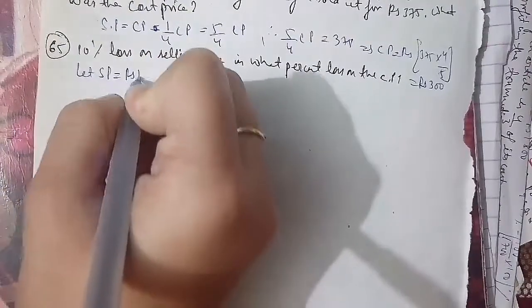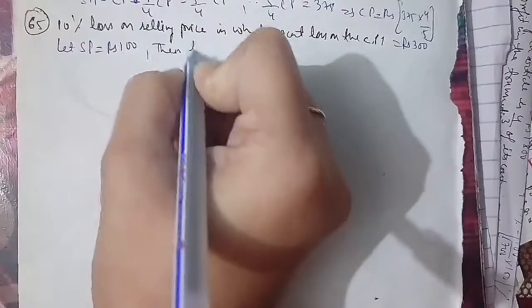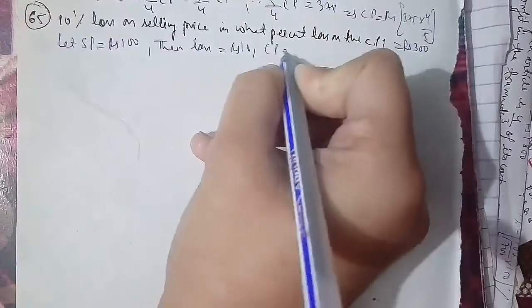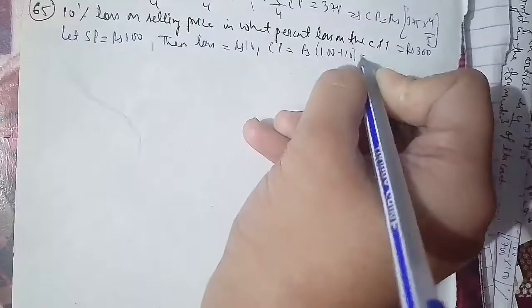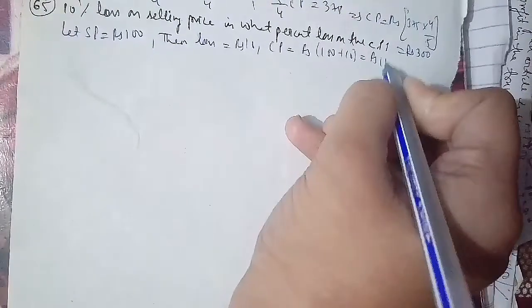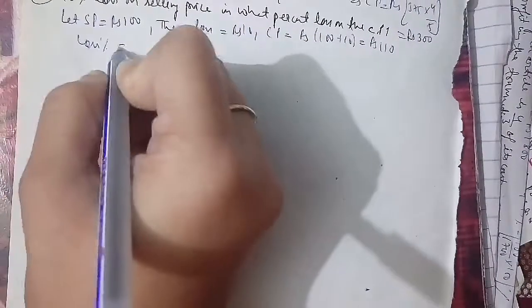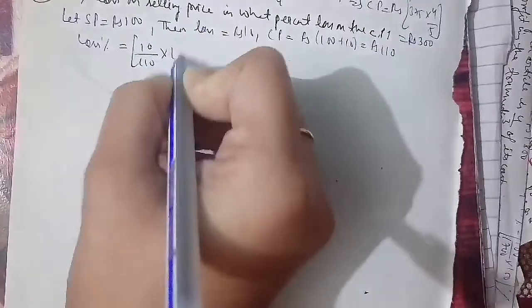Then loss is equal to rupees 10. CP equals rupees 100 plus 10, which is equal to rupees 110. So loss percent equals 10 upon 110 into 100%, which is equal to 9.1 by 11% here.